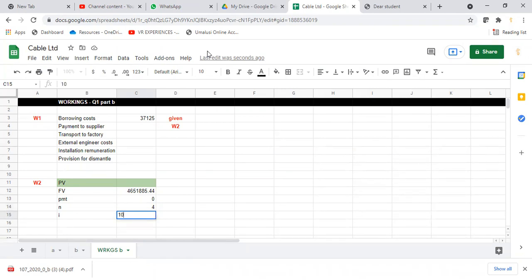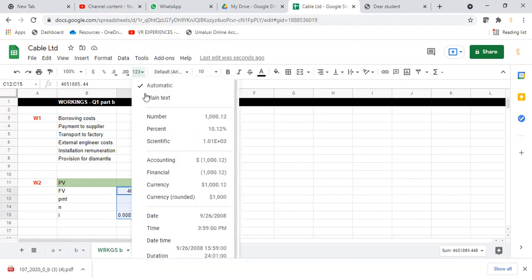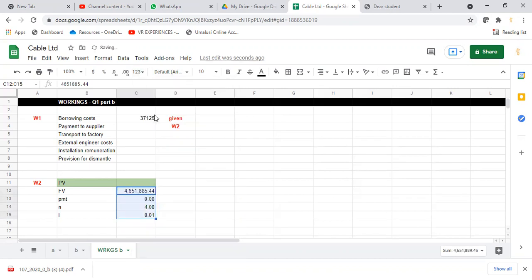So all we're going to do is say 10% divided by 12. For Excel, we need this to be a percentage.